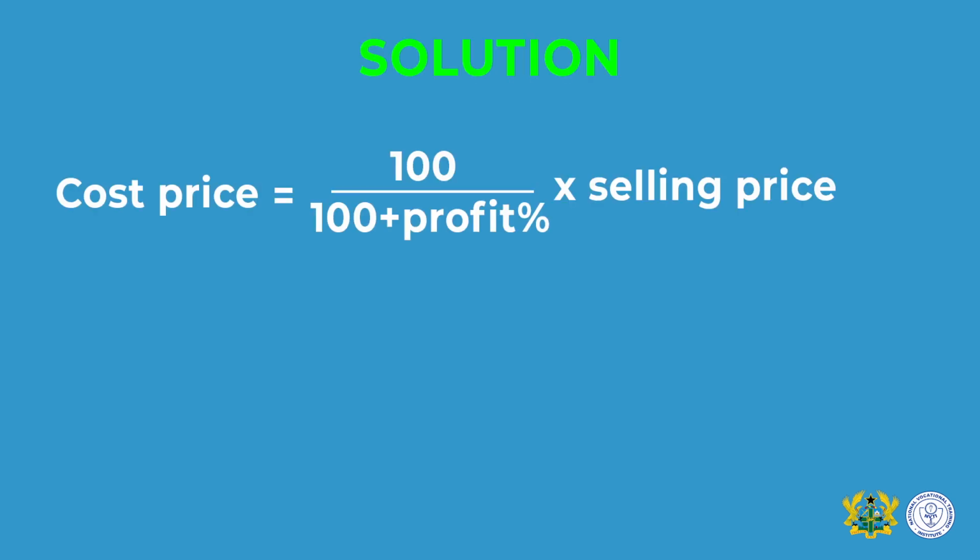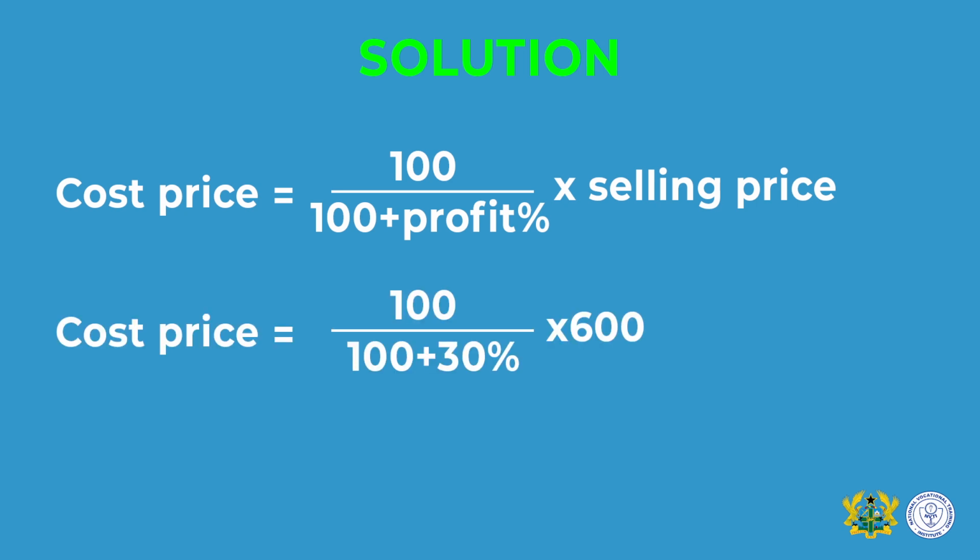So with the help of your formula, you can easily calculate the cost price. As we can see from the screen, our cost price is equal to 100 over 100 plus profit percent times selling price. And by substitution, we will have cost price being equal to 100 over 100 plus 30 times 600.